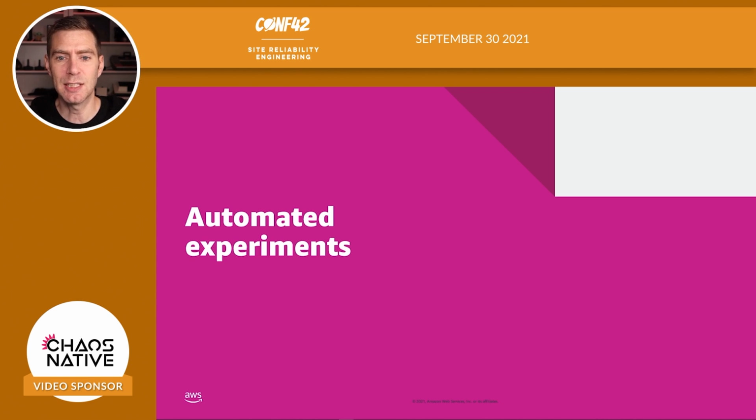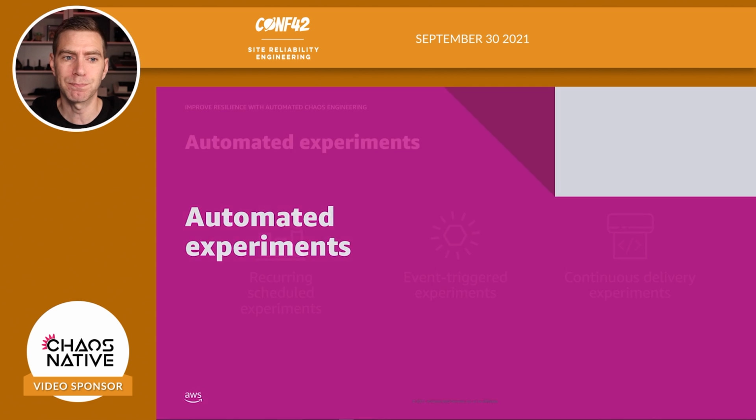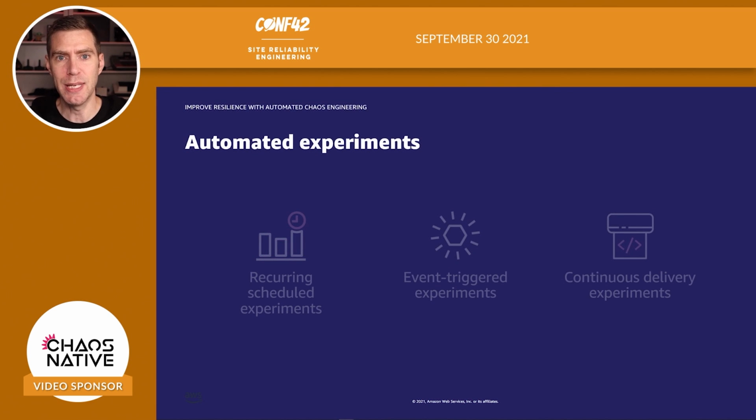And repeating an experiment more than once helps us determine if that data was just a fluke or if it represents the normal case. It helps us guard against jumping to conclusions without enough evidence. So let's take a look at 3 different ways that we can automate our chaos engineering experiments.